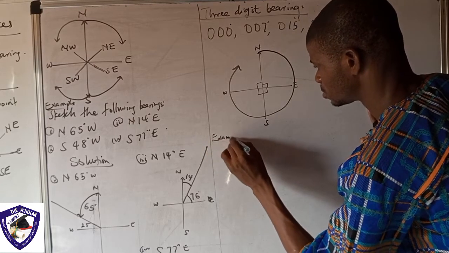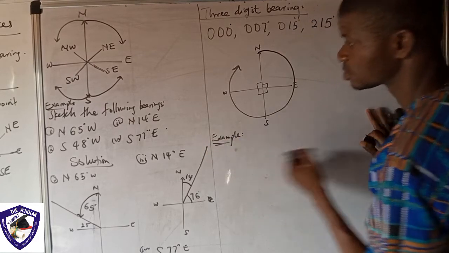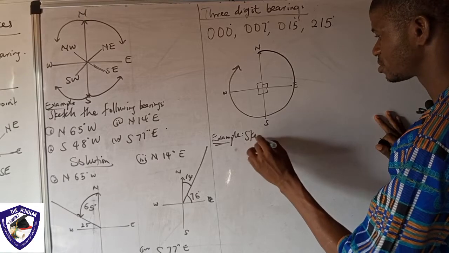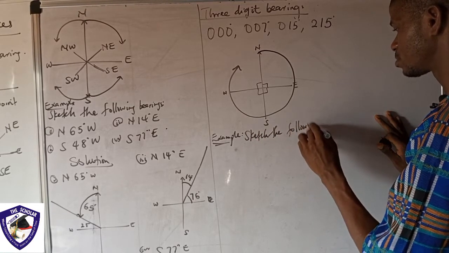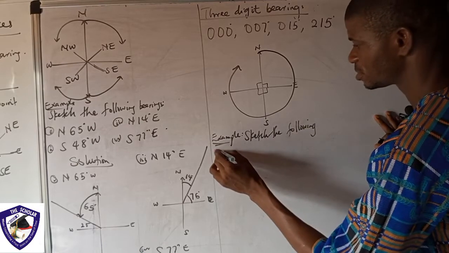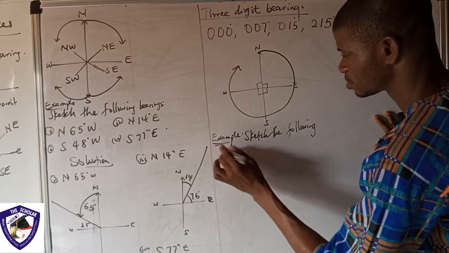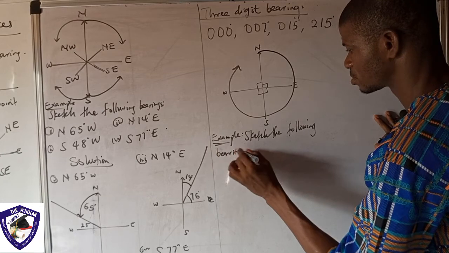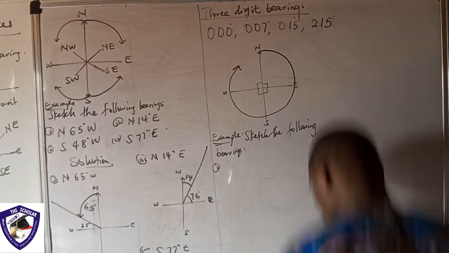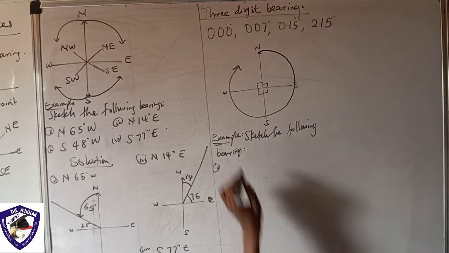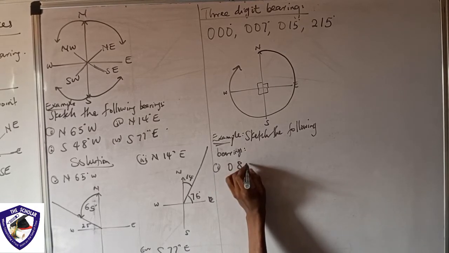Example. Sketch the following bearings. Number 1, 080 degrees.